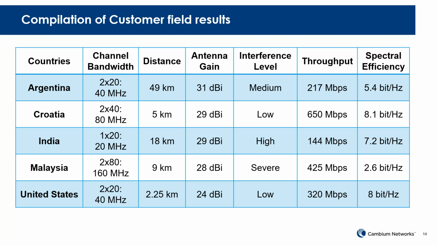The link planner will be the best tool, the place where you can find the answer. You put in your geo data, your channel size, and your interference level. If you're familiar with the link planner, you will be able to choose the antenna size, the interference level, and the channel size, and it will give you a prediction for the throughput.